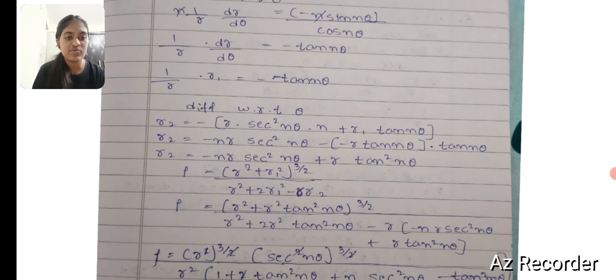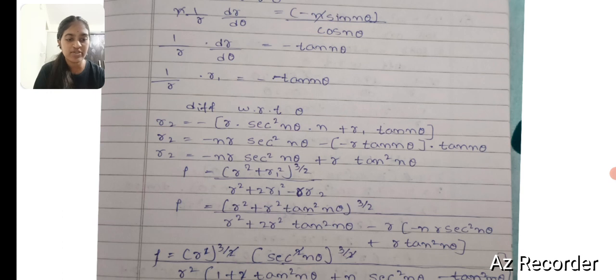Rho is equal to (r square plus r square tan square n theta) whole to the power 3 by 2 divided by r square plus 2 r square tan square n theta into r minus n r cosecant square n theta plus r square n theta.